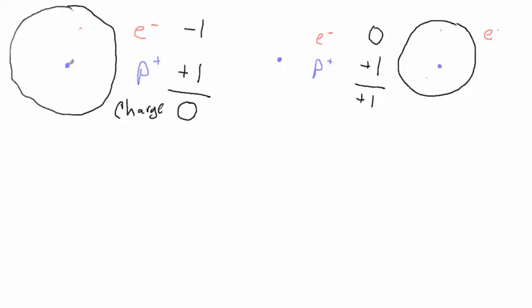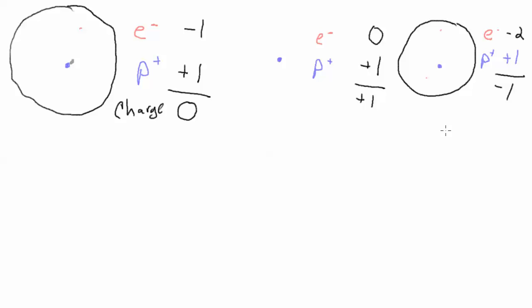For the electrons, which are negative, there's 2 of them, so that's -2. And for the protons, which are positive, there's 1, so that's +1. Math skills here, -2 + 1 is -1.